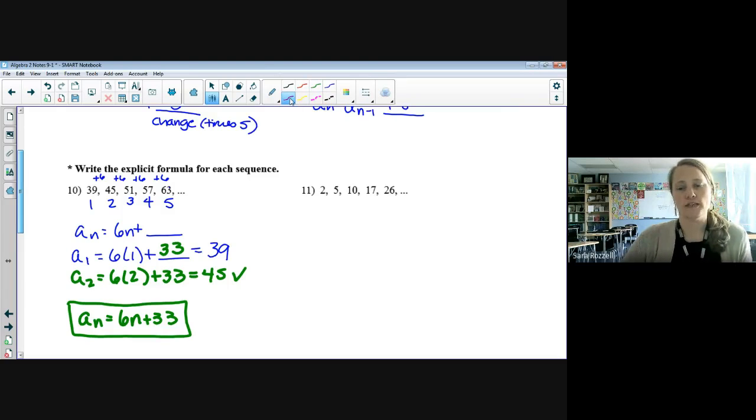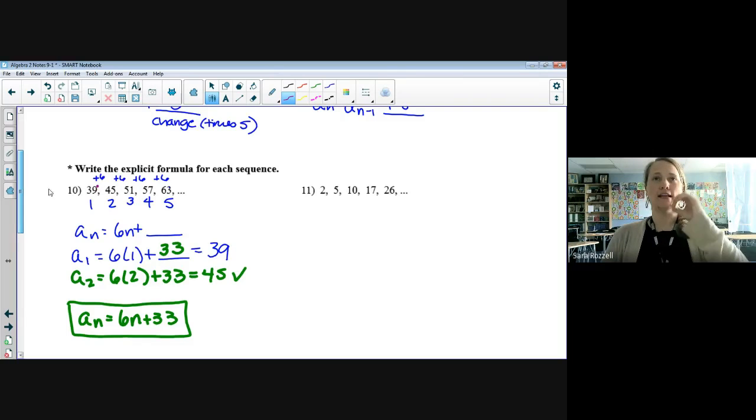A neat trick for these that always works with the linear ones, which these are linear, you're adding the same each time, is if I had a 0 term, like say what term would have come right before 39? If there was a term before 39, what would it have been? It would have been 33, right?